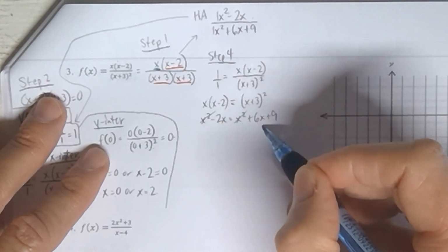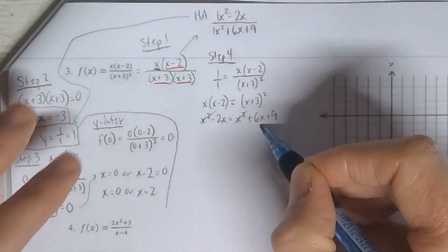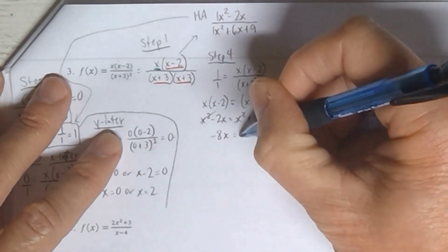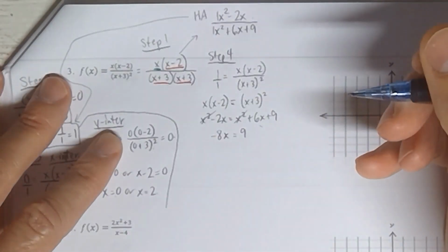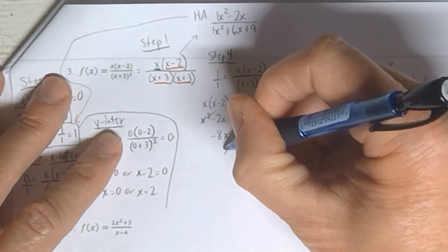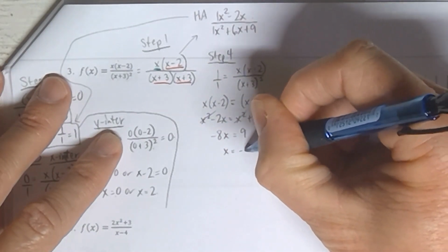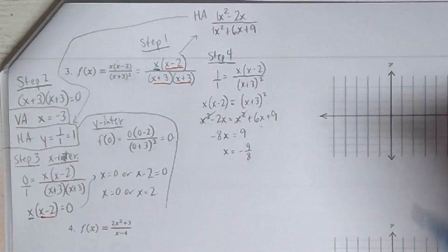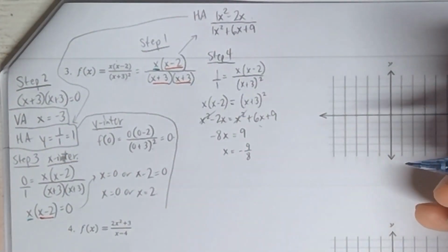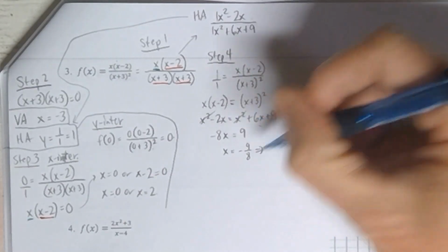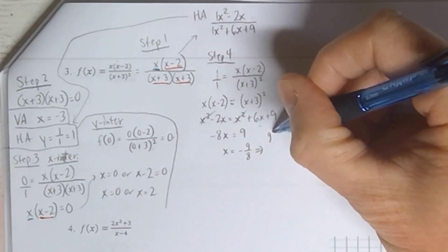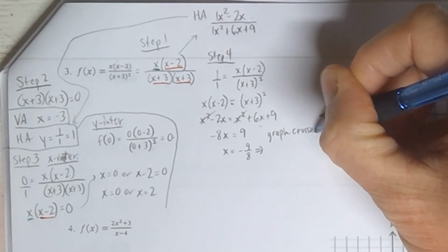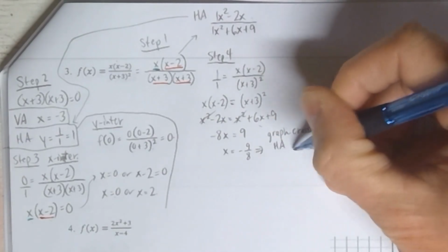The highest degree term is x to the first. So I'm going to go ahead and move over the 6x over here and then divide out, since it's a linear equation, and I get x is equal to negative 9/8, because I have to divide the 8 into the 9. Negative 9/8. So that means the graph crosses the horizontal asymptote at where?